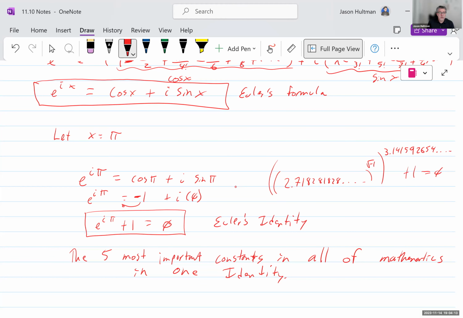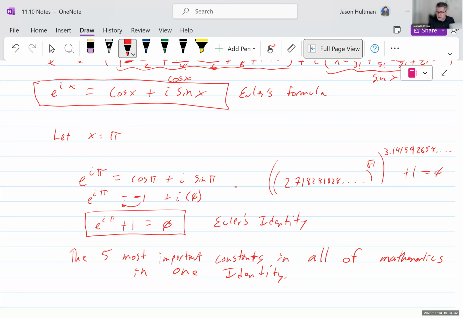Crazy. That's crazy nuts. But we have the 5 most important constants of all time in mathematics in one identity. It's crazy stuff, so extremely famous.